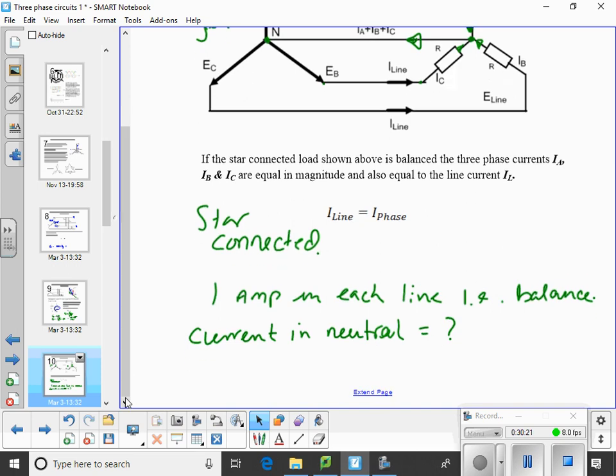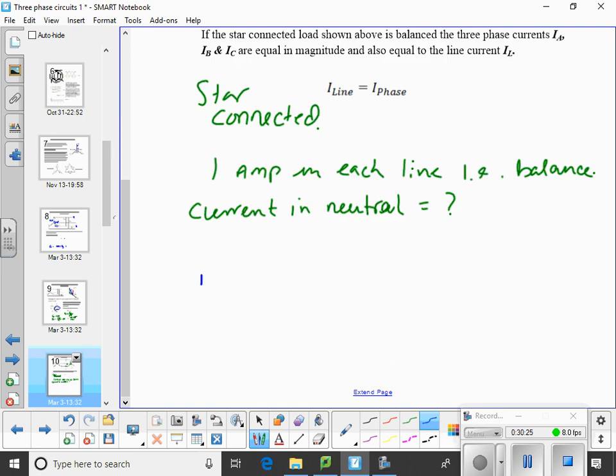So Kirchhoff's current law, IN is equal to those 3 added together.